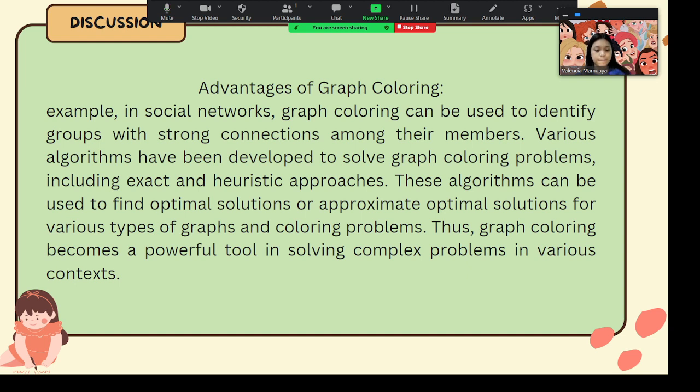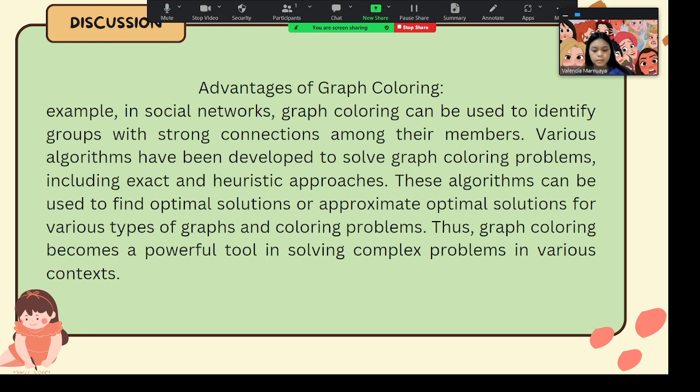Additionally, the connectivity of the graph also plays a significant role in the coloring process. Tightly connected graphs may be more challenging to color with a limited number of colors compared to graphs that are not tightly connected.